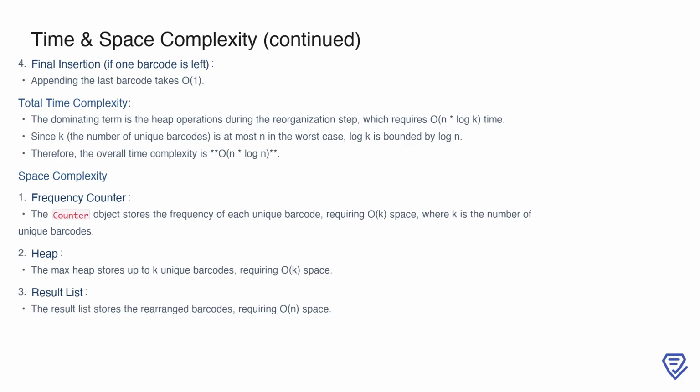Shifting our focus to space complexity, the Counter object used to store barcode frequencies requires k space, where k is the number of unique barcodes. The max heap, which holds up to k elements, also requires k space. Finally, the result list, which stores all n barcodes, requires n space. These components determine the overall space usage of the algorithm.